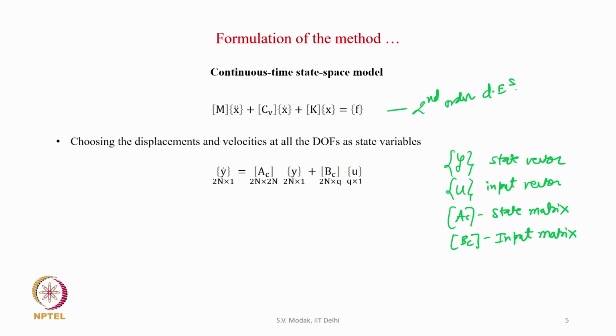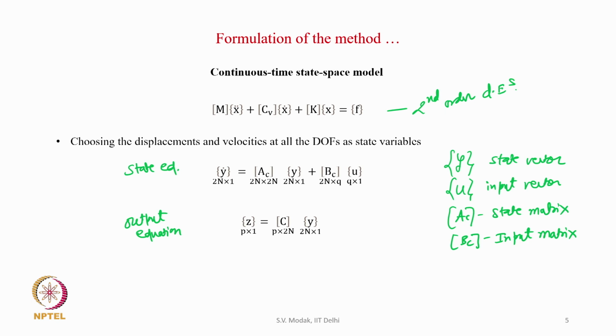Here we have used the subscript C in order to represent association of AC and BC with continuous time state space model. And then this is the output equation, and this of course is the state equation.